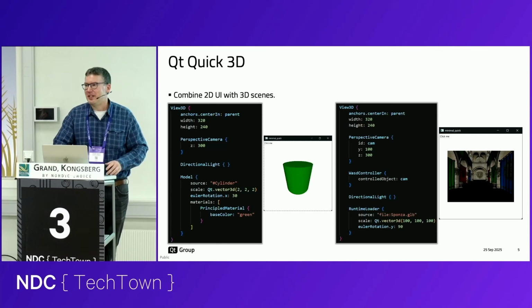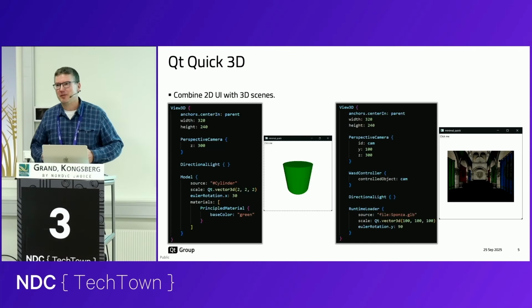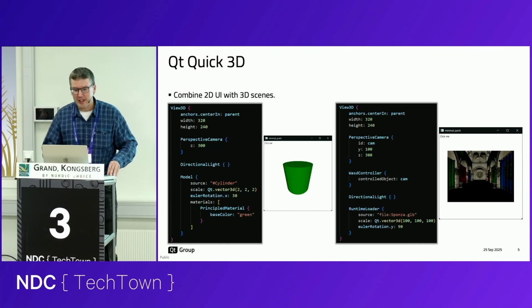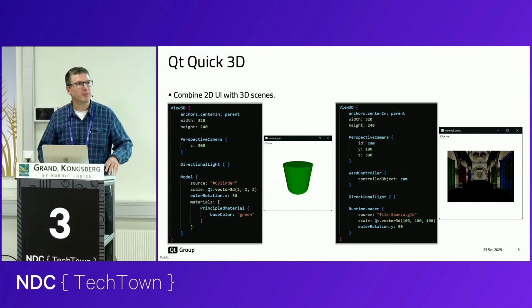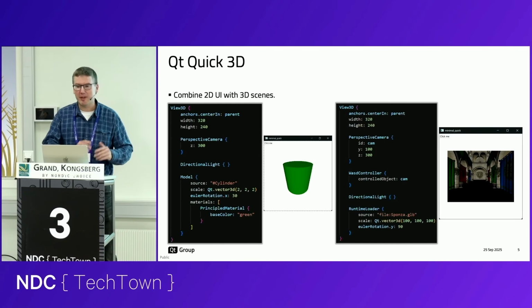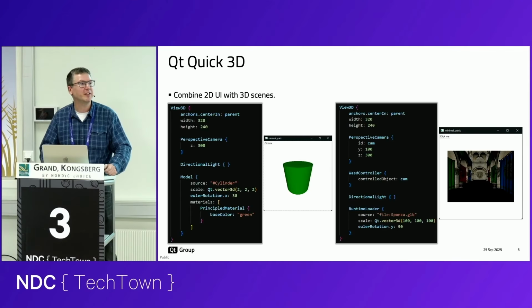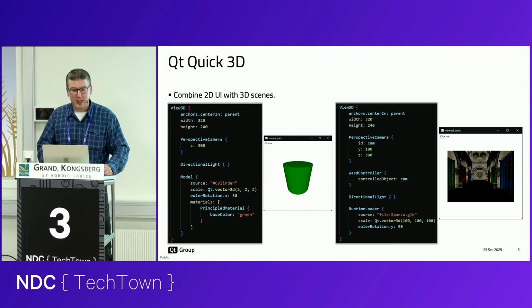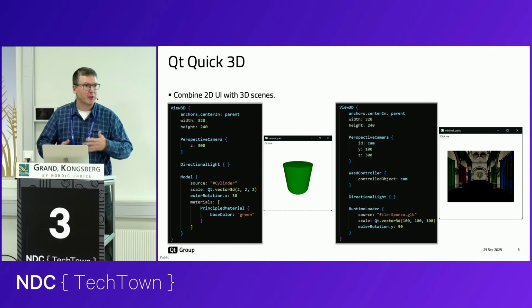It should be noted that 3D is of increasing importance. Many people these days want to do user interfaces that combine 2D and 3D. So maybe there are 2D elements, combined with one or more 3D scenes. And there's more and more talk about 3D in Qt, Qt Quick 3D.